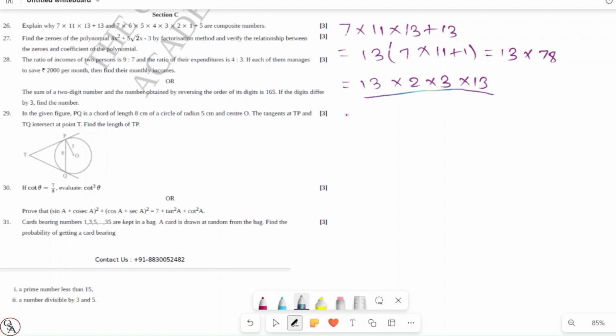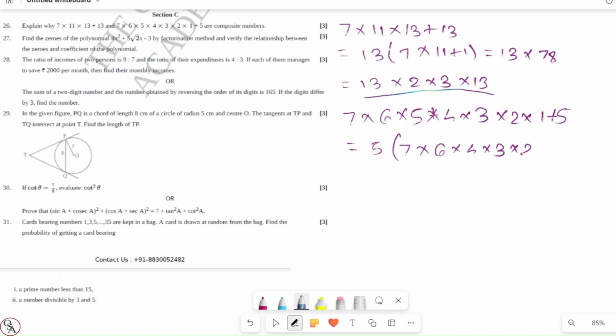Now checking the other number, 7 into 6 into 5 into 4 into 3 into 2 into 1 plus 5. If I take 5 as common, what will I get inside? 7 into 6 into 4 into 3 into 2 into 1 plus 1.